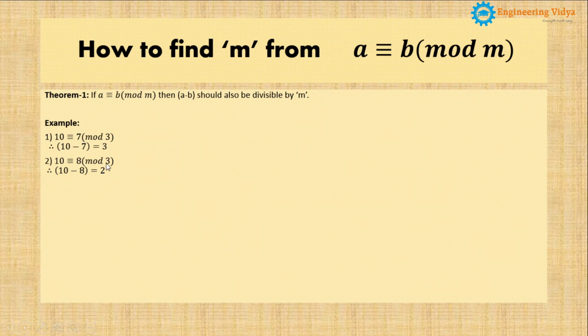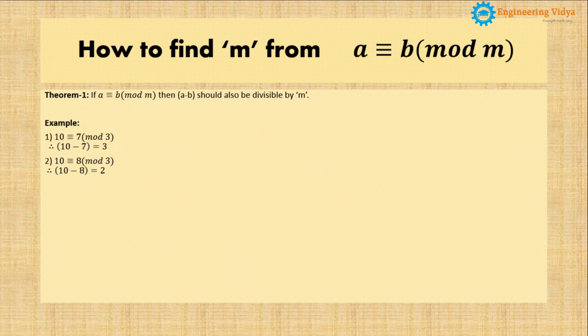If this condition is not true, then the theorem will not work here. I hope this theorem is clear to you now. Again, this theorem says that if a is congruent to b mod m is given, then a minus b should be divisible by m. So the theorem works here.